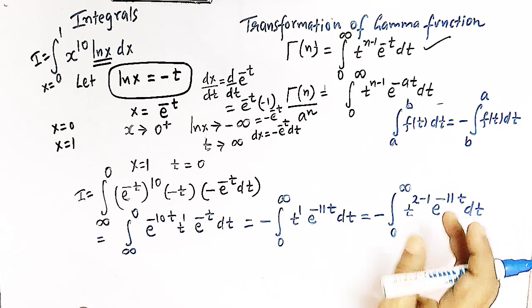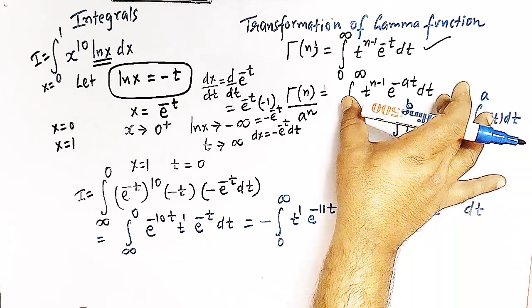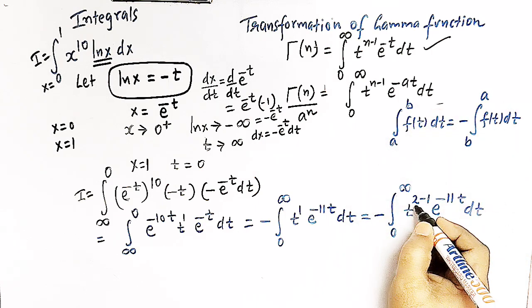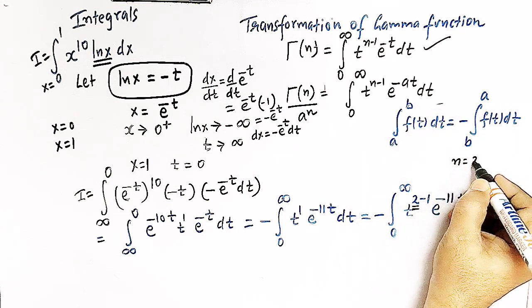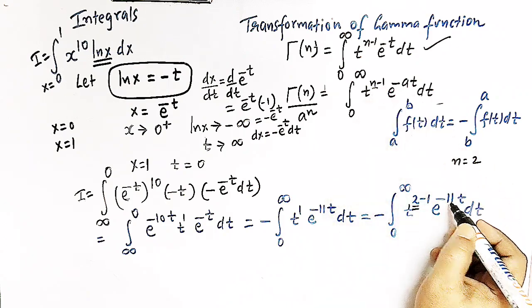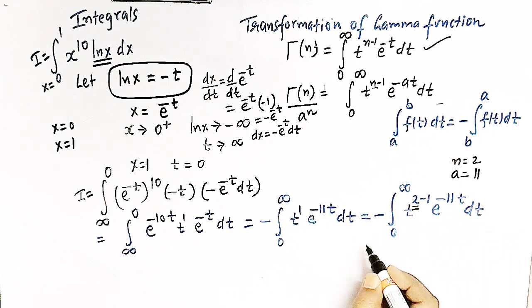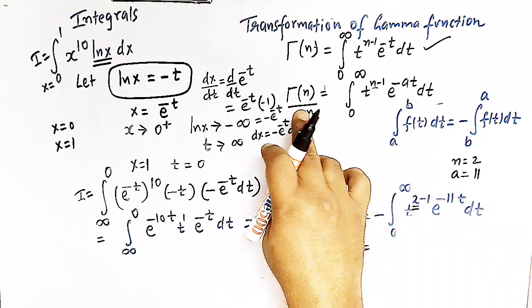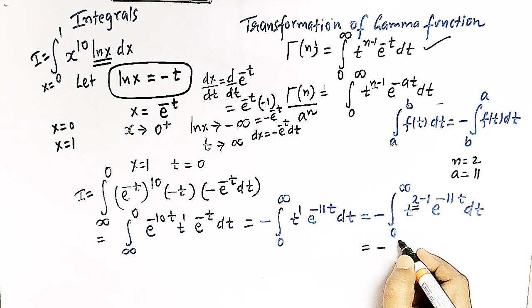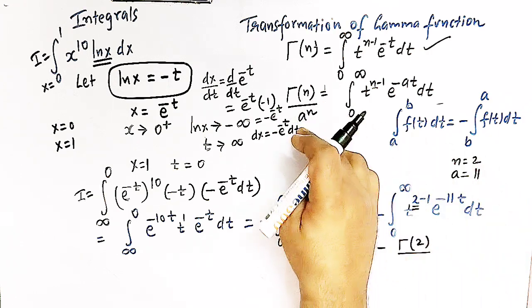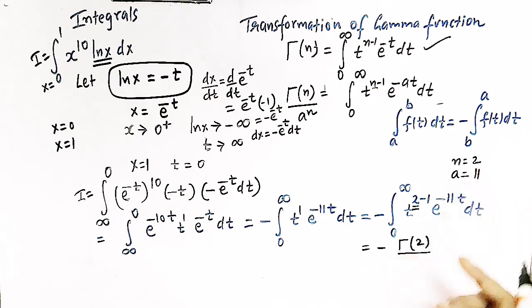Now we can see that this integral is exactly of this form, and if we compare these two integrals, then the value of n is 2 and the value of a is 11. So the value of this integral is gamma n, where n is 2, divided by a raised to n, that is 11 raised to 2.